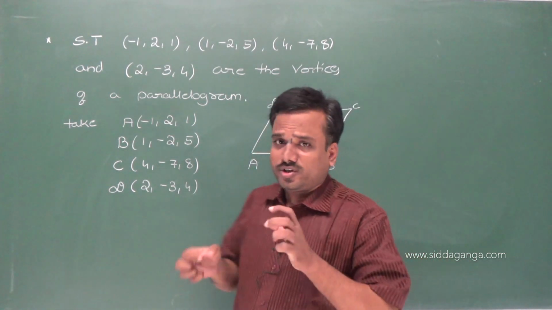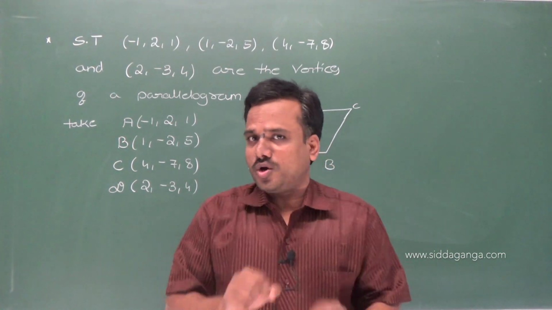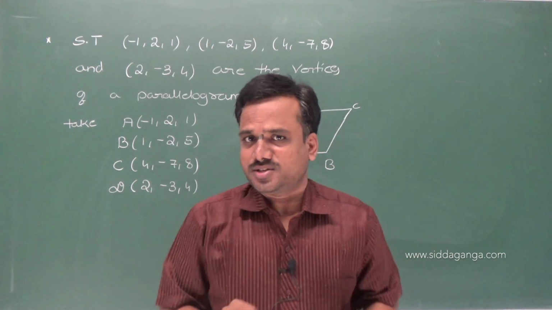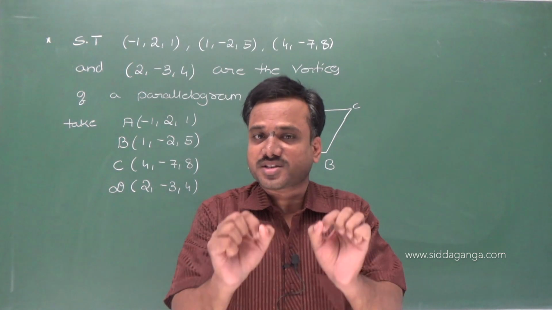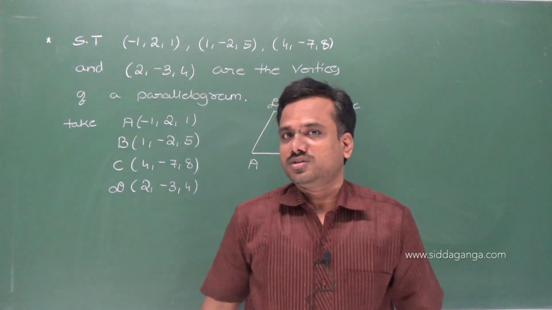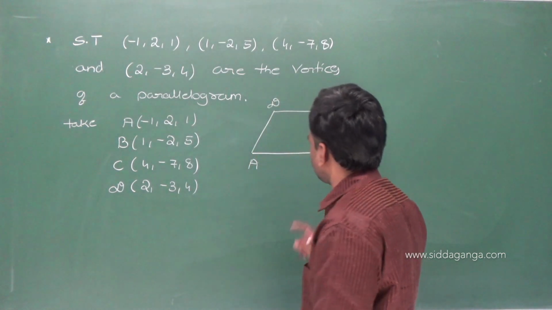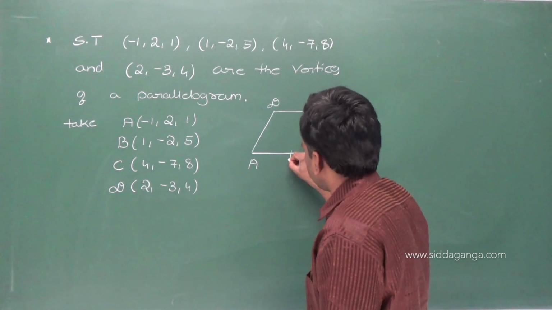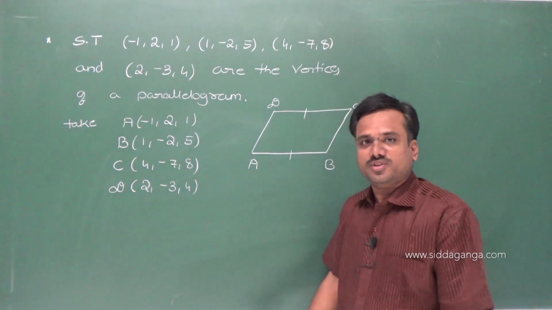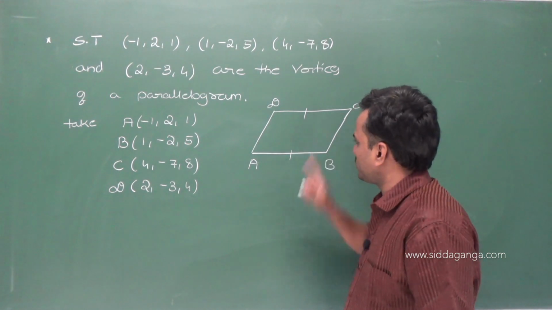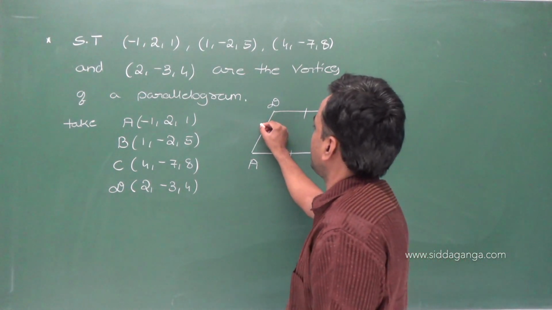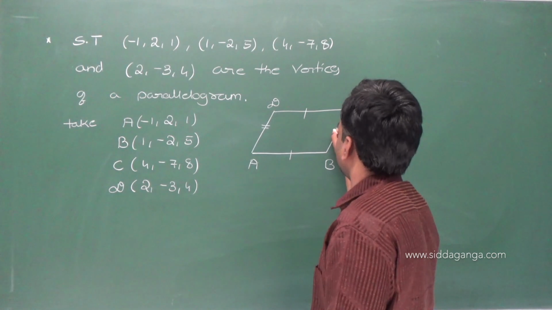Parallelogram means opposite sides are equal. Correct? So opposite sides means AB is equal to DC, and AD is equal to BC.